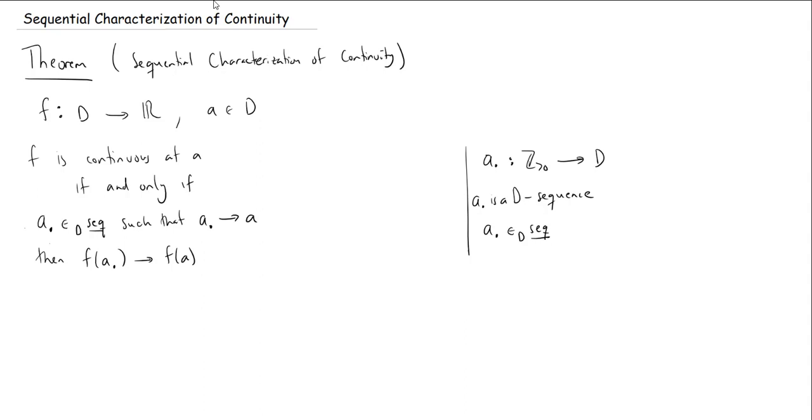Now, I just said A needs to be in D as opposed to A being a limit point of D. It could be that A is a limit point of D, so I want to add a little something extra here.